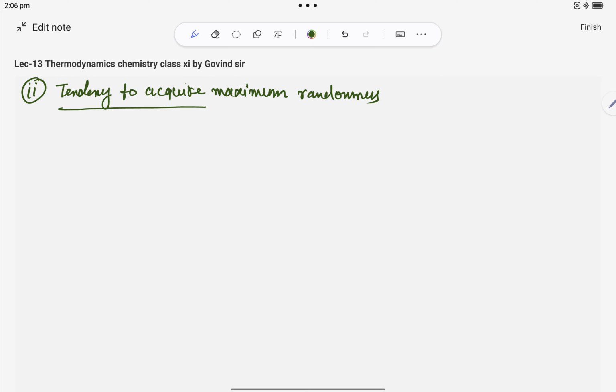Now this will decide whether the process is spontaneous or non-spontaneous. Randomness means what, children? Anything which goes from order to disorder.